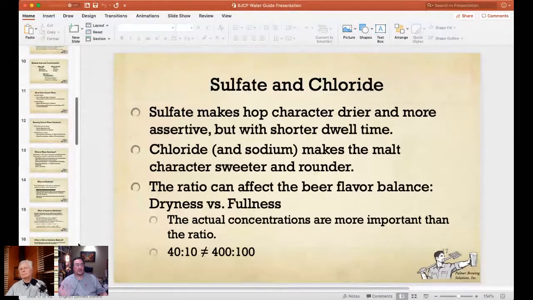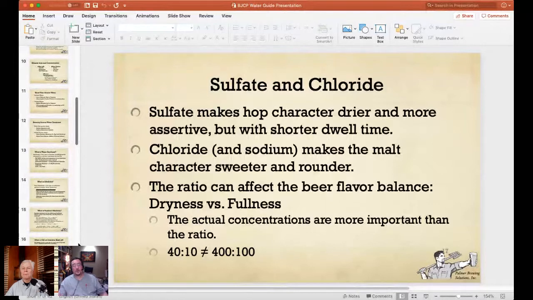If you drink an IPA that has a decent amount of sulfate in it, anywhere upwards of 100 ppm, you'll notice that hop bitterness hits the front of your tongue at the beginning of the sip, is very bitter, but then fades quickly after you swallow. It doesn't linger on the palate. If you have low levels of sulfate, that bitterness is going to linger longer on the palate.